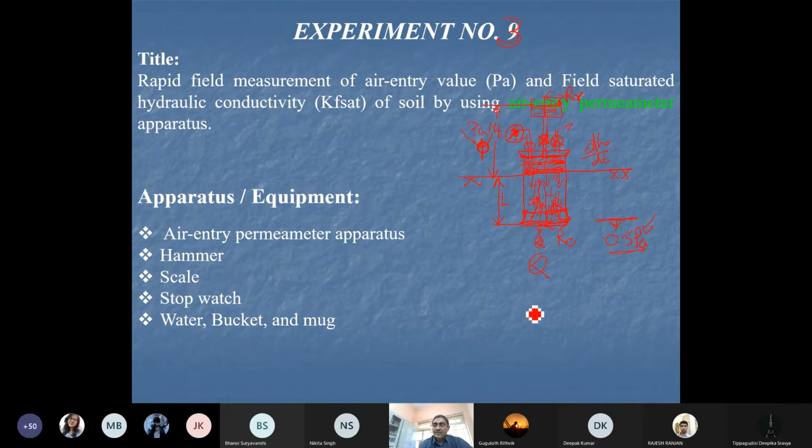So PA, the air entry pressure, is the pressure measured in the gauge plus the height of this gauge from the soil surface, suppose G, plus this L.